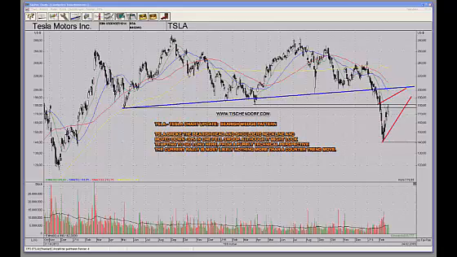We had the break below the neckline in blue, if you're referring to my chart on my website, and this is moving up in a bearish wedge. You see all the moving averages are starting to decline and trend down.